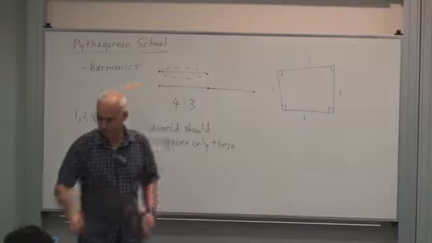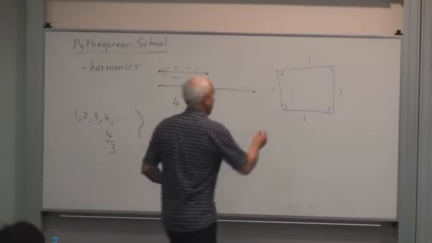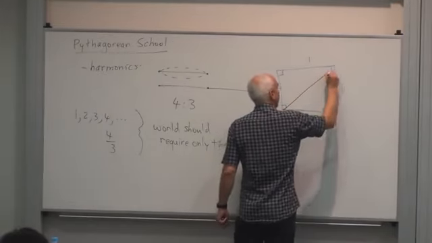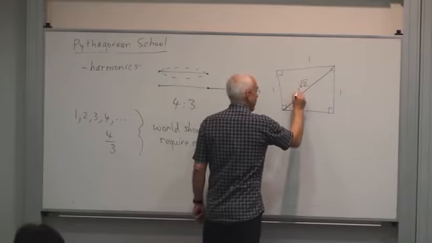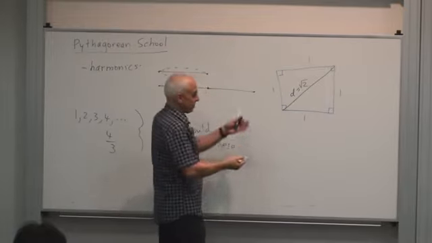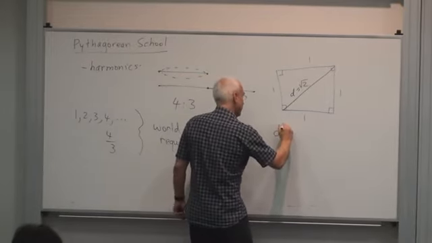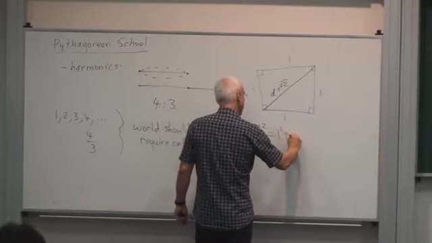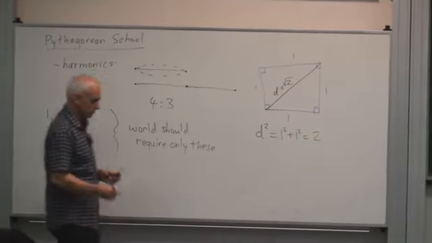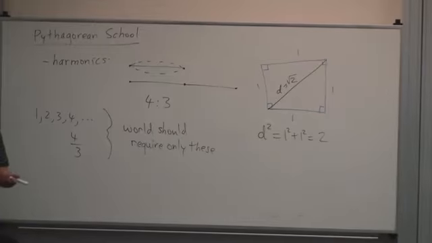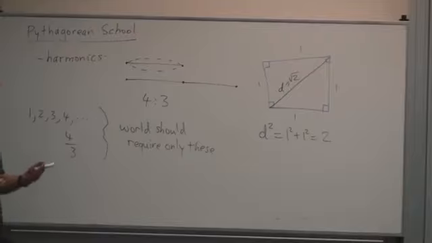And the diagonal of that square, which these days we all know is, well, we call it root 2. Okay? Whatever the number d is, by Pythagoras' theorem, it's got to have the property that d squared equals 1 squared plus 1 squared, which is 2. So from their point of view, well, what number squared gives you 2?